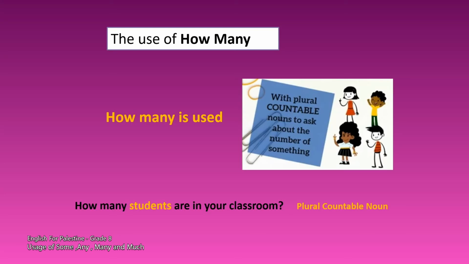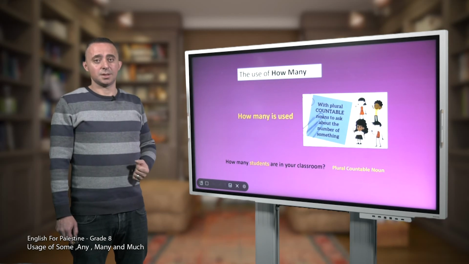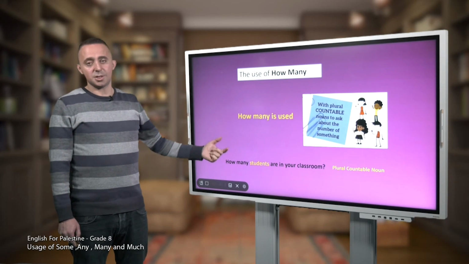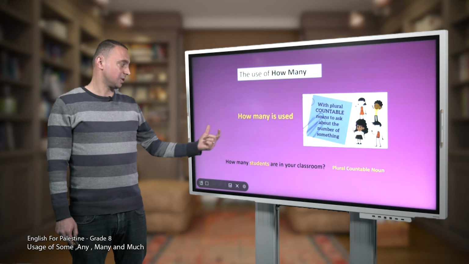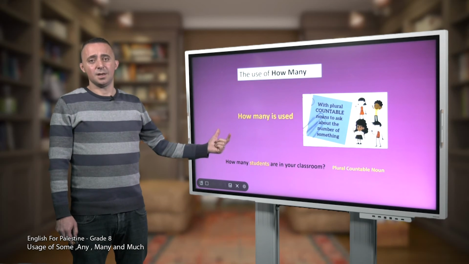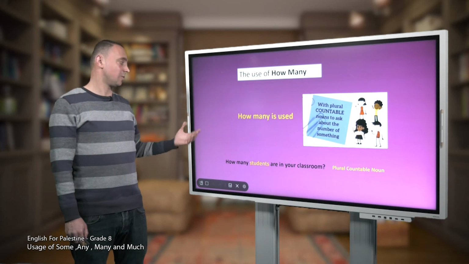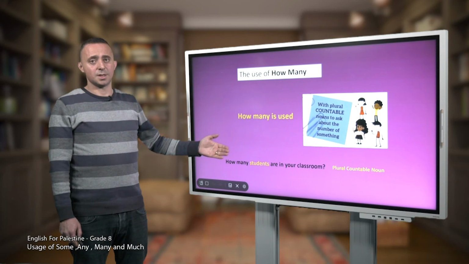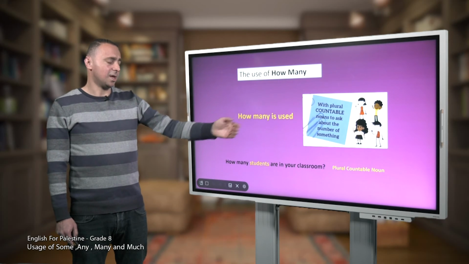How many students are in your classroom? Notice how many is followed by a countable noun, which is students. We don't say how much students. Why? Because the word students is a countable noun. That's why we say how many students are in your classroom.